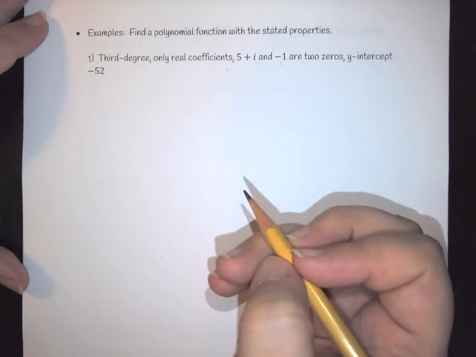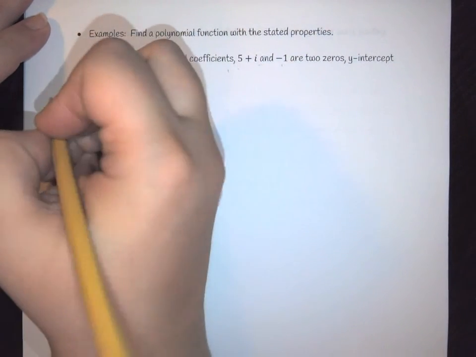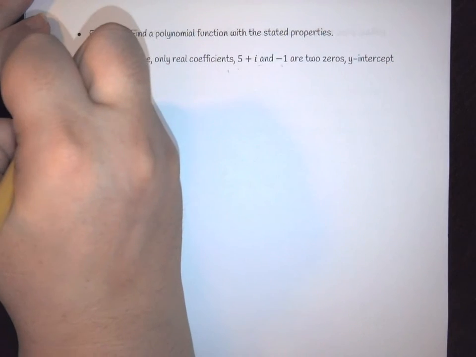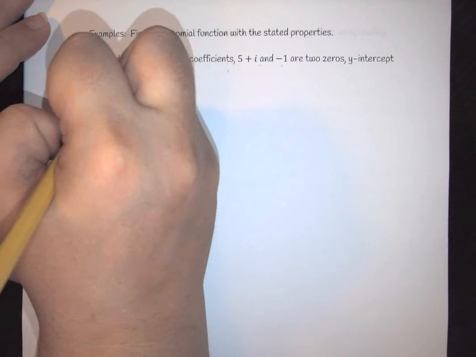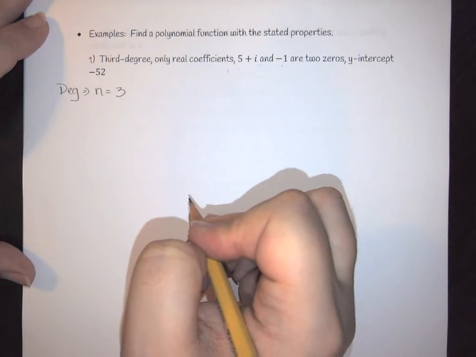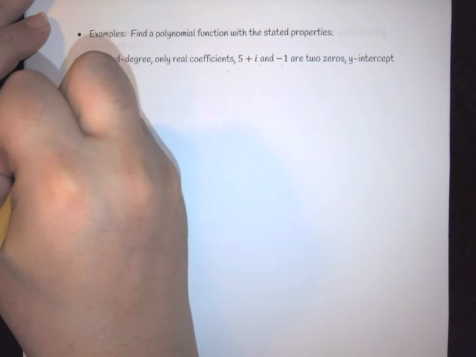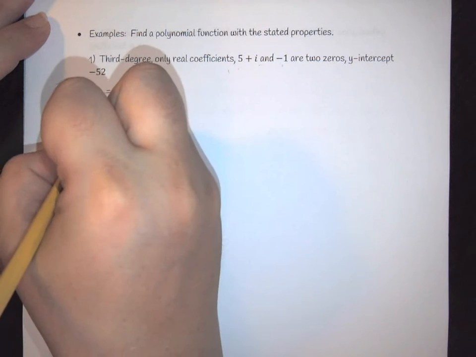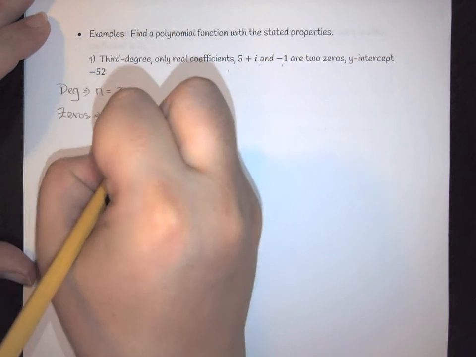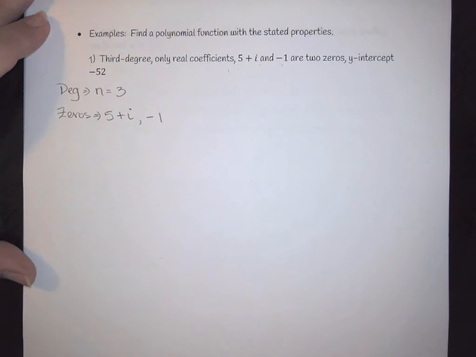So the first thing we need to do is take a few notes. We know your degree says that n equals 3. In terms of the zeros, we have 5 plus i and negative 1.